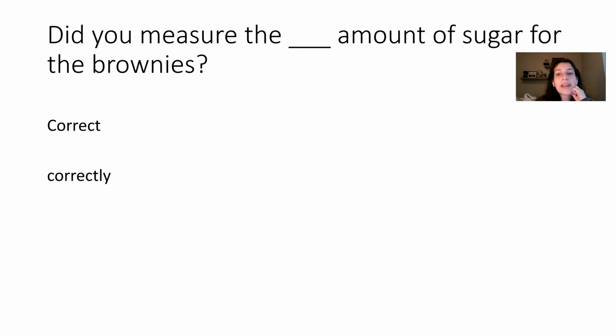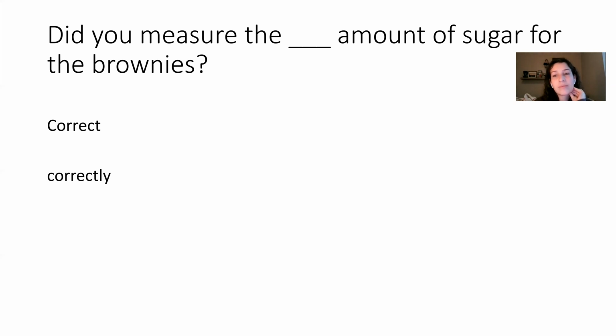Did you measure the blank amount of sugar for the brownies? Now we have to choose between, did you measure the correct amount of sugar for the brownies, or did you measure the correctly amount of sugar for the brownies? So because this is modifying the word amount, let's see, is amount a verb or a noun?